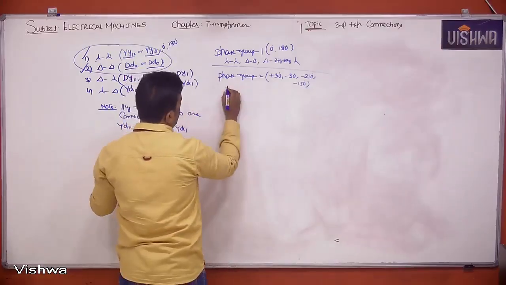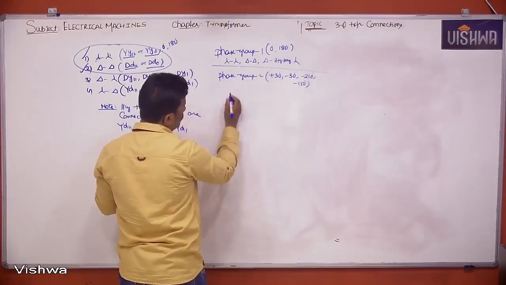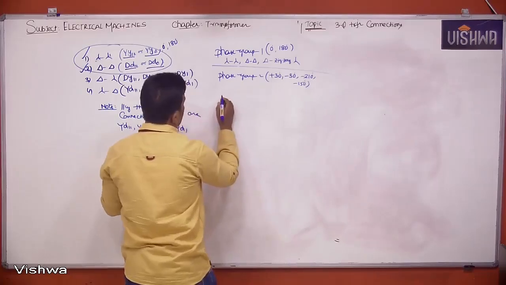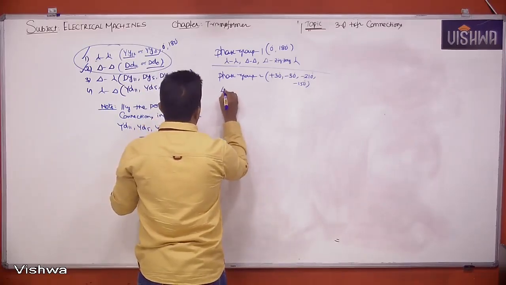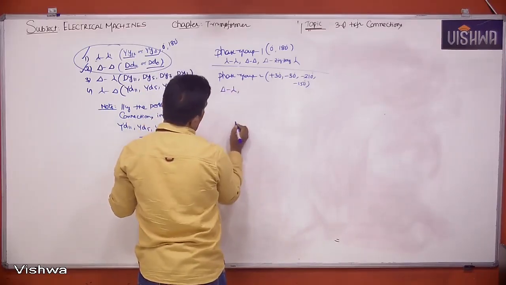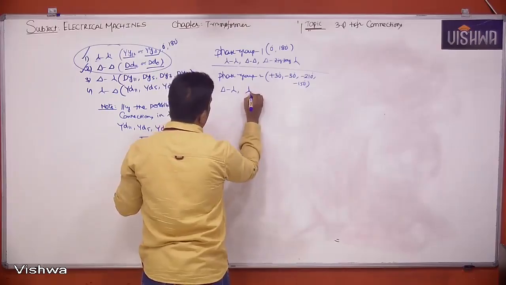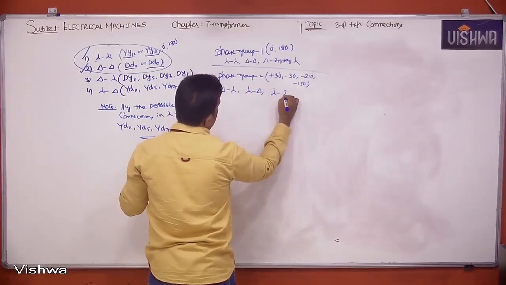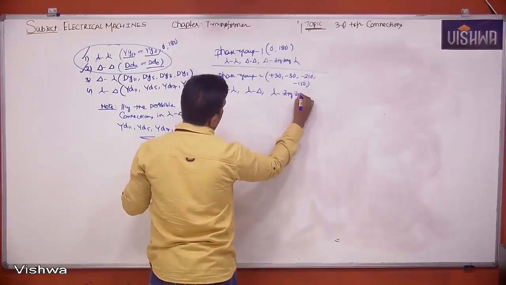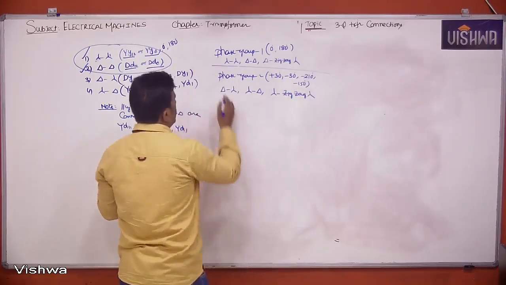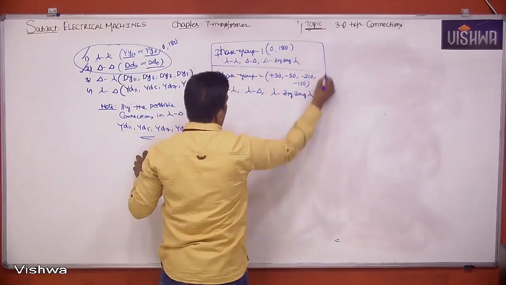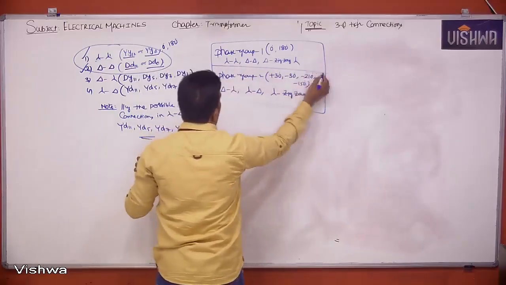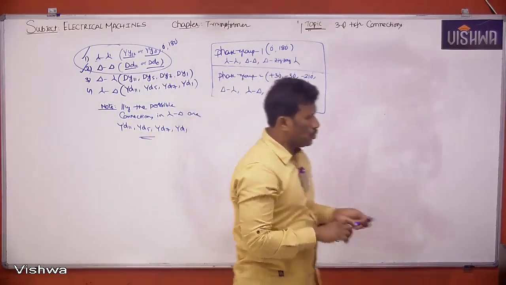Okay, nothing but in this you are having connections. Delta star is one connection. Star delta is one more connection. Next, star zigzag star. So I can say this is phase group 1 and this is phase group 2.